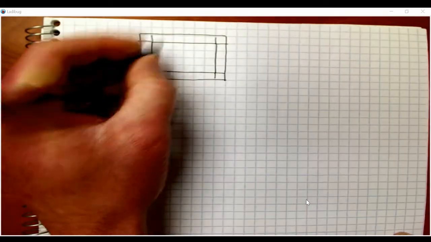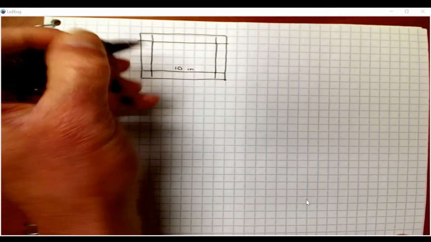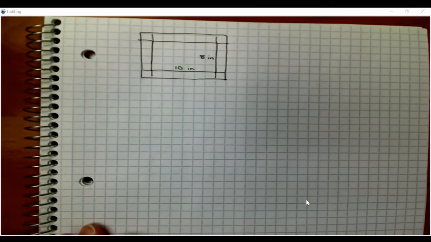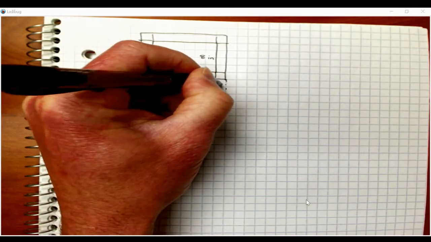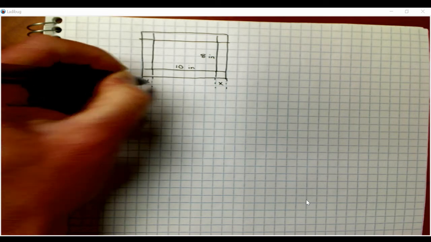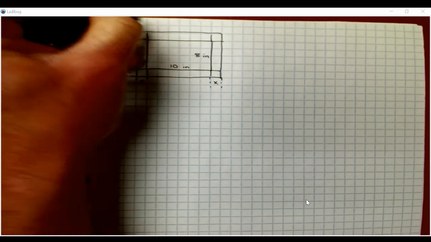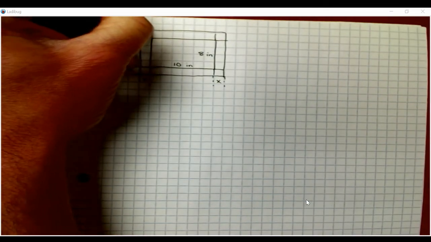We know that the picture is 10 inches wide, and we know that it's 8 inches in length. And we're looking for some frame length that fits the area that we've been told this picture and frame together are allowed to be.